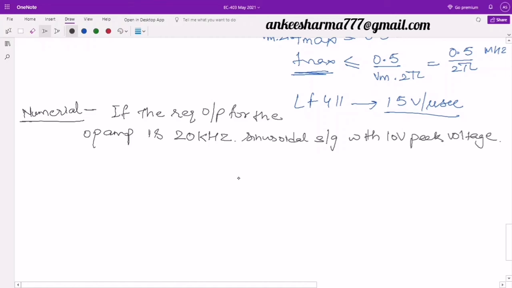It means I want an output of a 20 kilohertz sinusoidal signal whose amplitude is 10 volts. So we need to find the minimum acceptable slew rate for the op-amp.